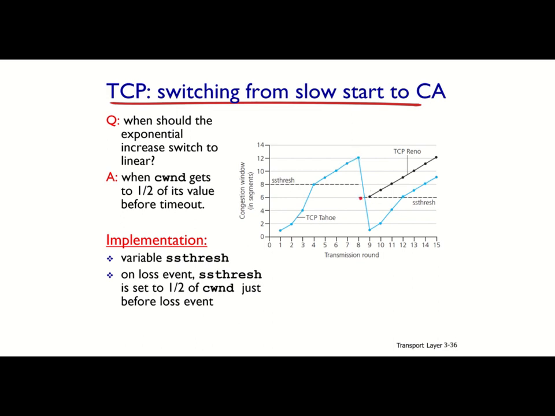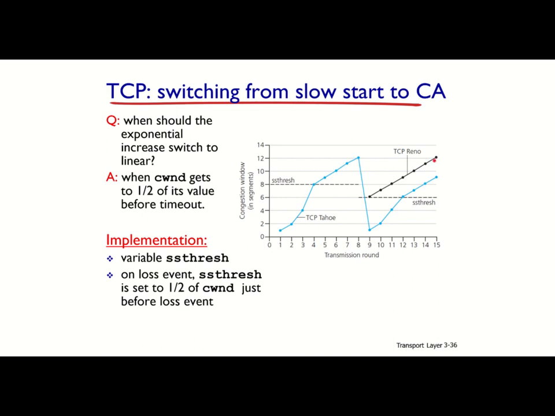So this black plot shows the case that TCP Reno cuts the window size in half when three duplicate acknowledgements are received by the end system, and then after this point we gradually increase the window size.